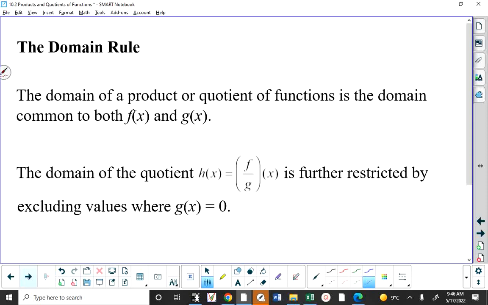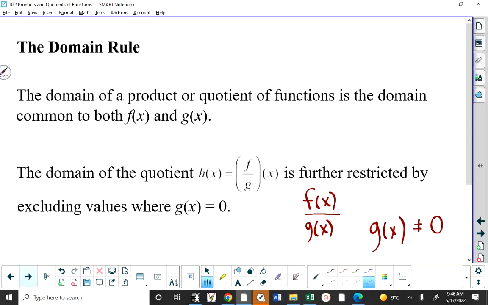Now think about this for a second. If f over g of x means f of x over g of x, and we're saying g of x is not allowed to be 0, don't forget g of x is just another way of saying y.